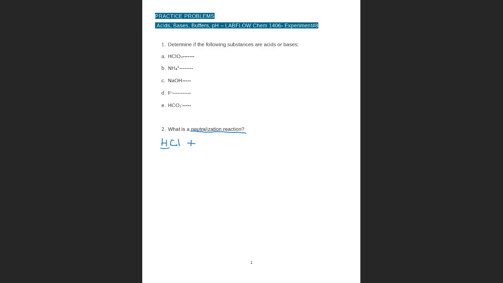This is an acid. This is an example. The H is going to combine with the OH to form water. Yes, awesome, exactly, very good.